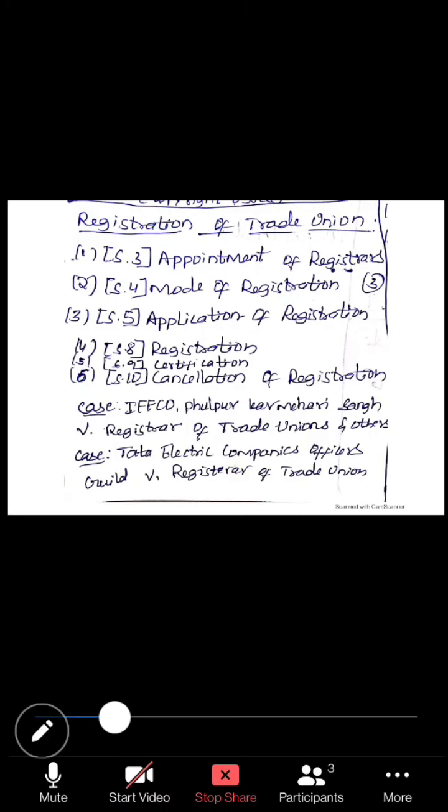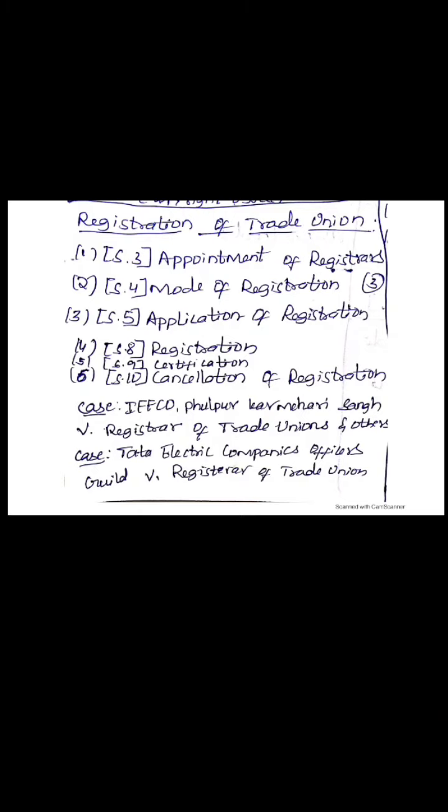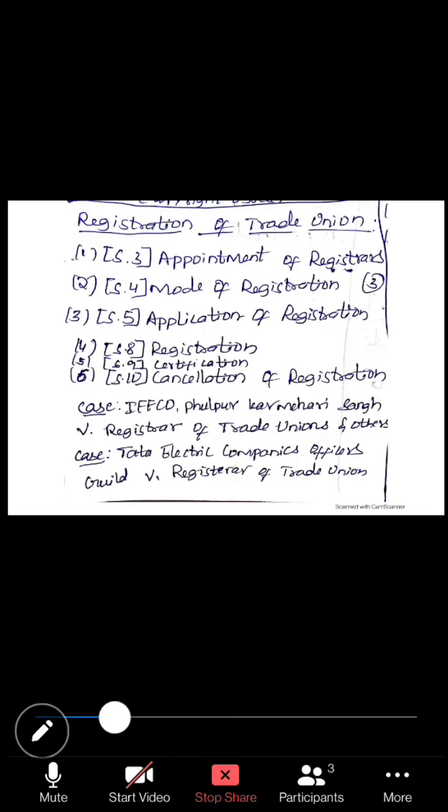See, it's not just laborers who can register or create a trade union. Employers also can create a trade union. So if it is an employer's trade union, then they have to specify the names, occupation, and addresses of the 7 members who are making the application. If it is workmen who are applying for the trade union, then they have to give the names, occupation, and addresses of the place of work of members.